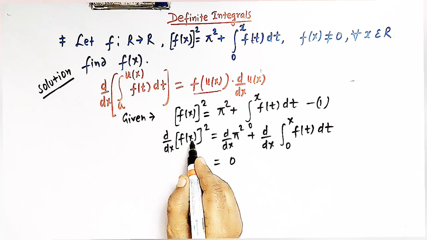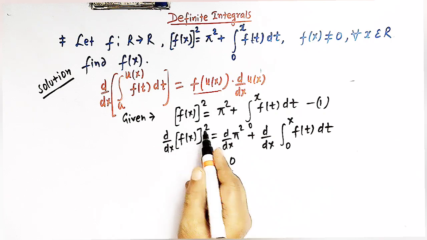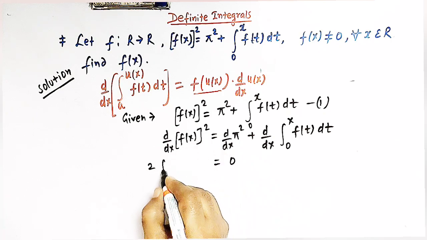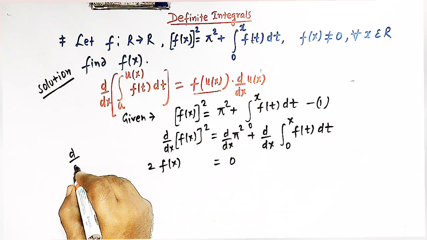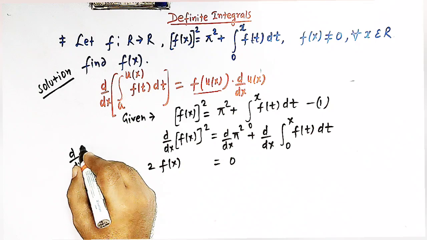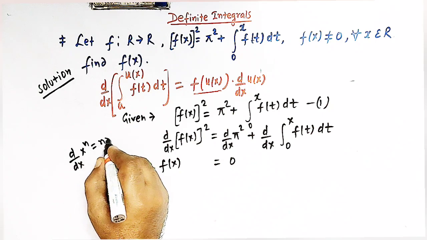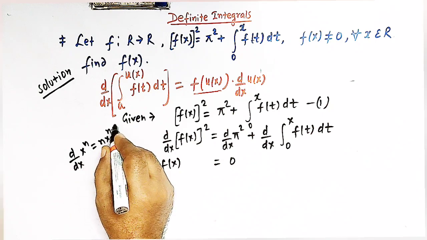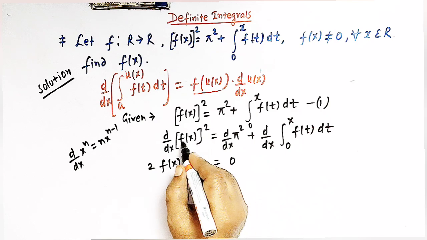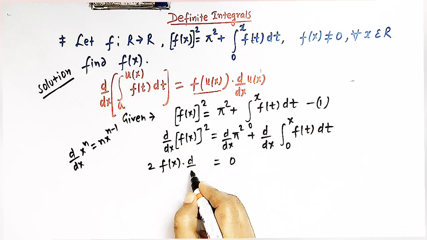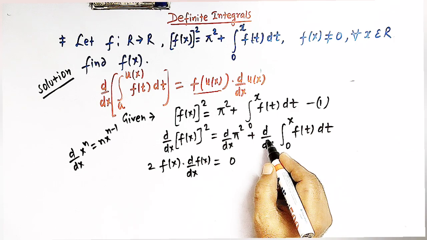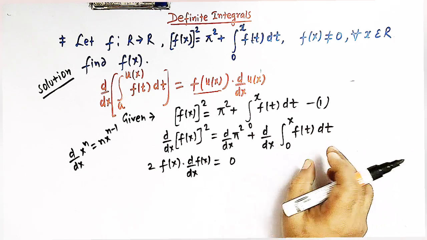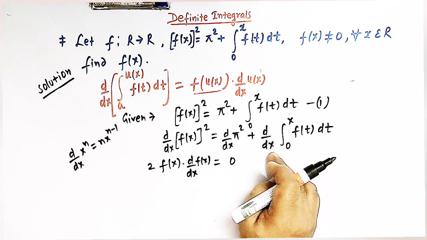The derivative of f of x square is given by 2 times f of x by using this result, that is d by dx of x raised to n is given by n x to the n minus 1, and then by chain rule we'll write the derivative of f of x, right? And here now we have to differentiate this integral with respect to x.